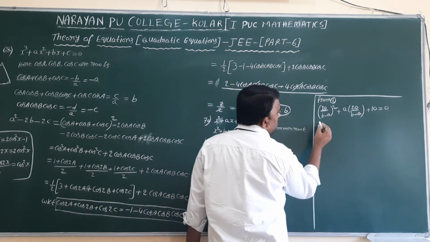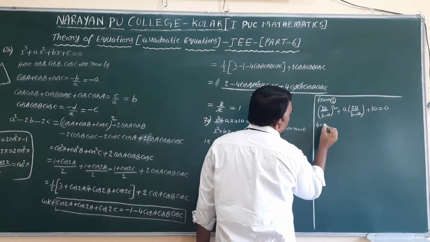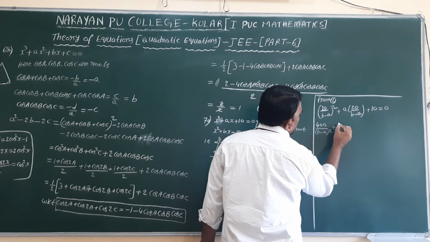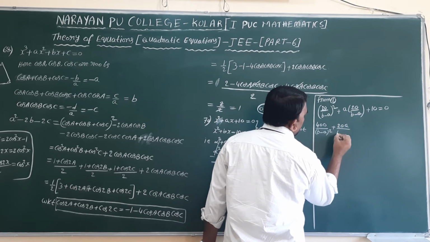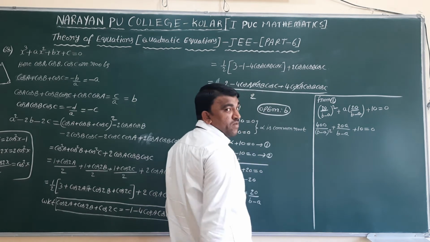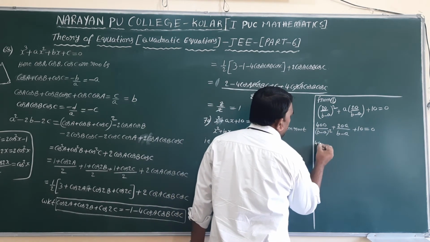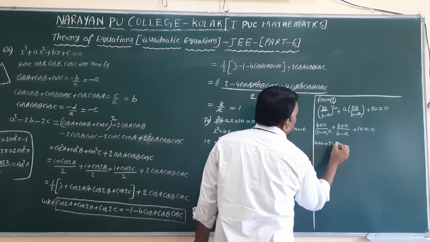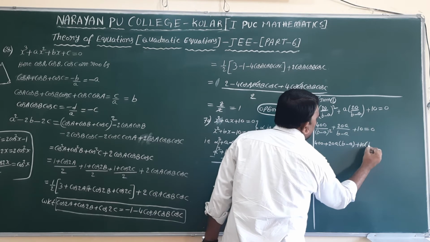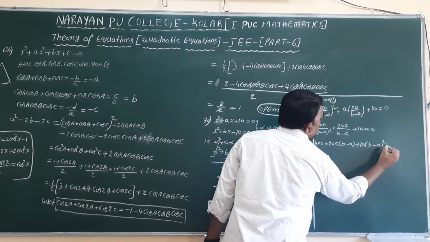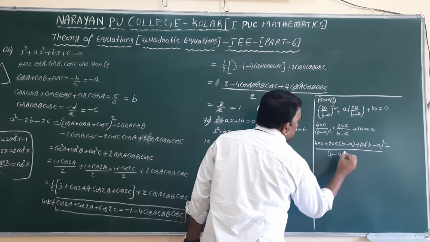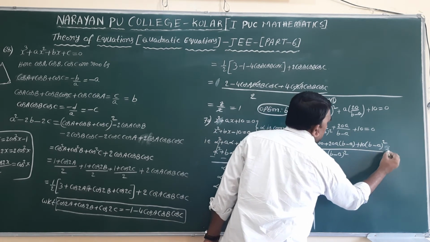So simplify that, 20 square is 400 divided by b minus a whole square plus 20a divided by b minus a plus 10 equal to 0. LCM is b minus a whole square. Now it is 400 plus 20a into b minus a plus 10 into b minus a whole square, whole divided by b minus a whole square is equal to 0.